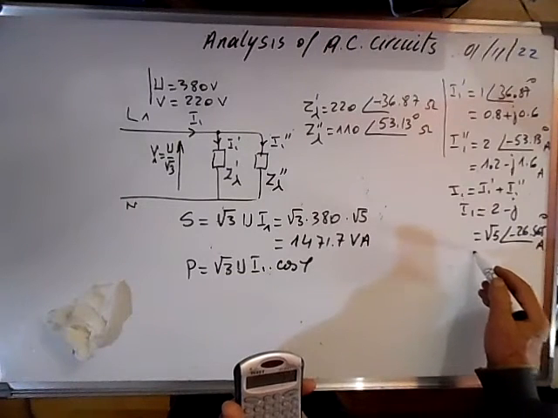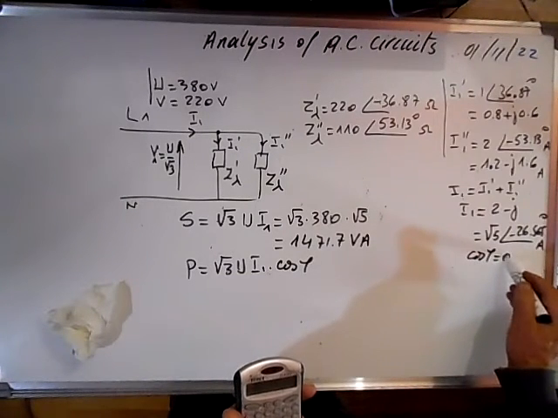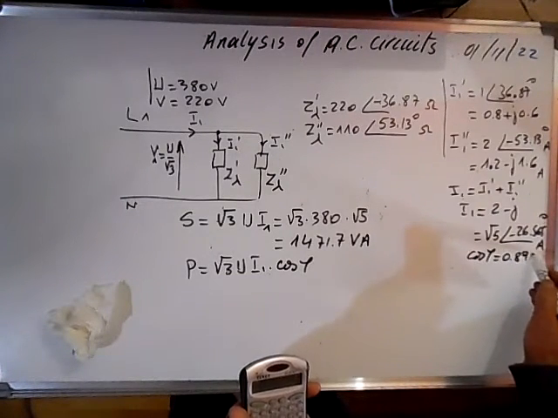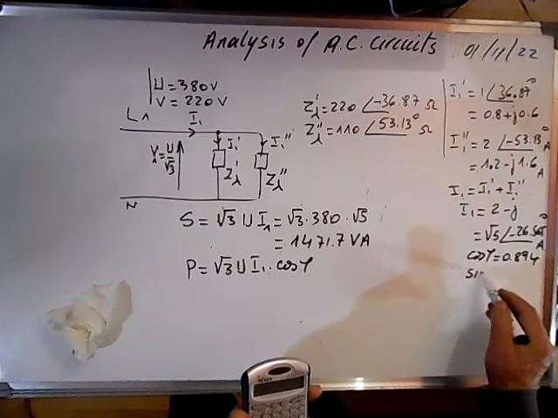Its cosine phi is 0.894. Sine of this is 0.447.